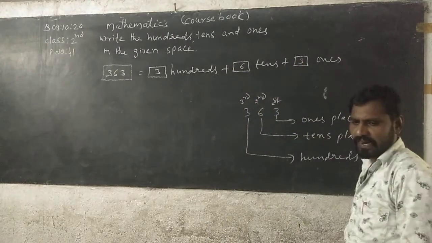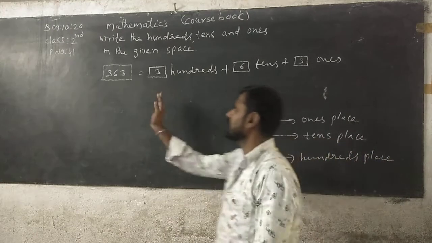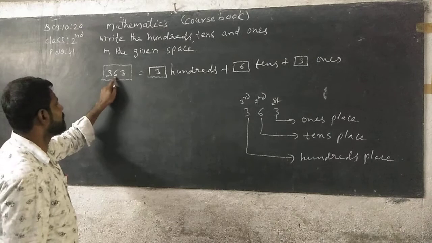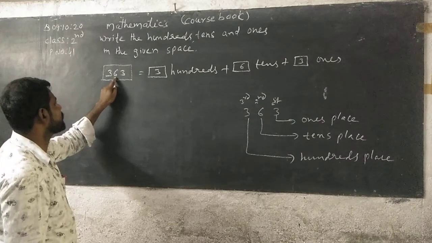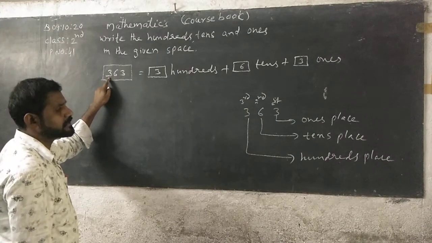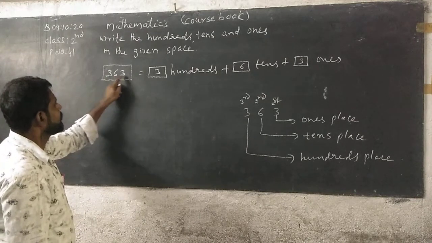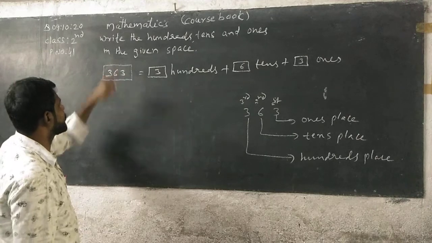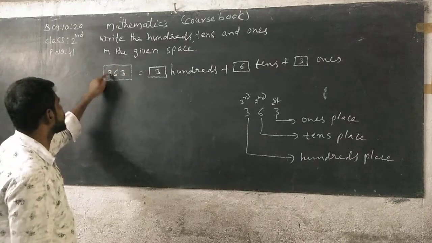Did you understand? In a given number, from right to left side, the first place is called ones place, the second place is called tens place, and the third place is called hundreds place. So this 3 is in ones place, 6 is in tens place, and this 3 is in hundreds place.